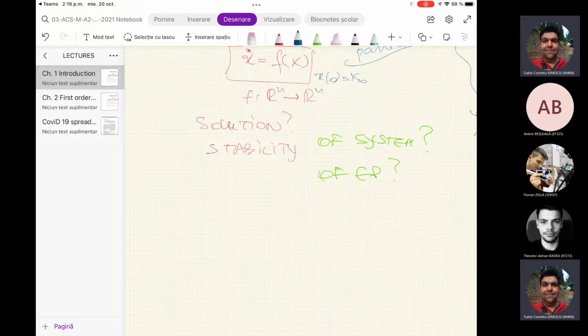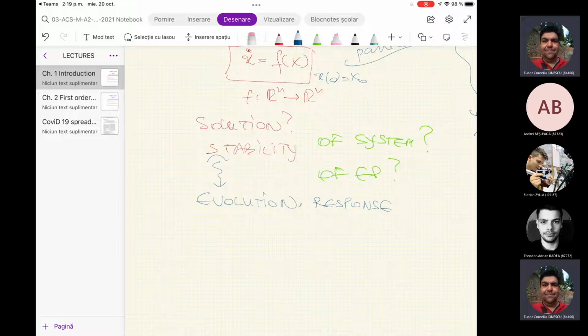And then what is evolution? This is all related to evolution and response. So we have to thoroughly study all these notions before we can do anything.